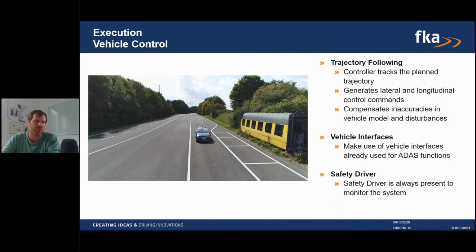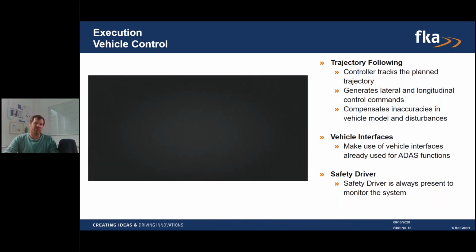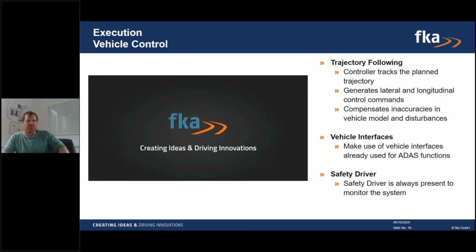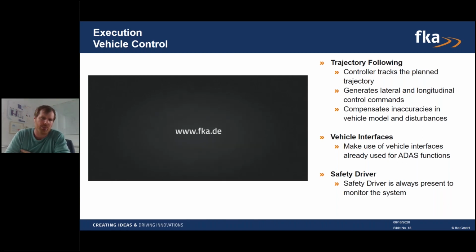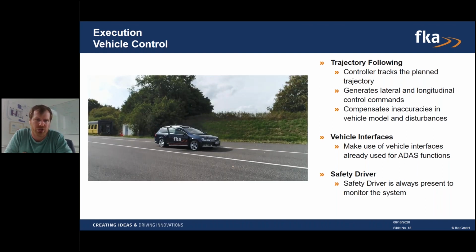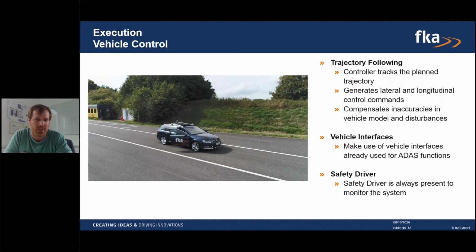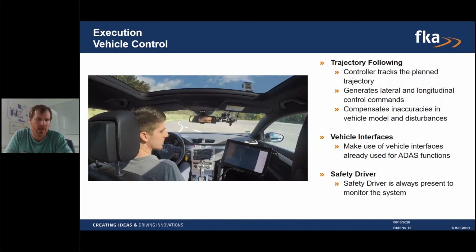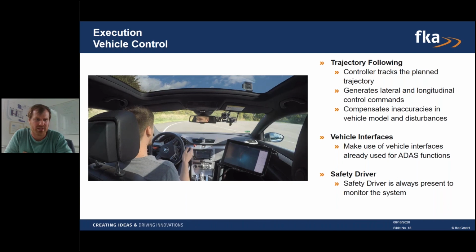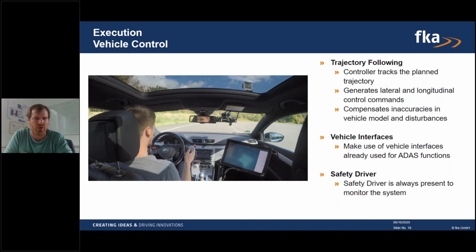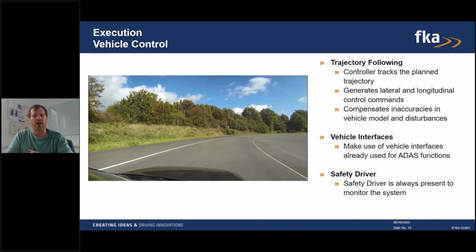For this vehicle, we technically use the standard ACC and steering interfaces from the ADAS functions, but of course it's a prototype vehicle. So if you want to put it in production, you need way more redundant actuation systems, and of course, as you see in the video here, for our testing and all the testing which is currently going on in the world, you need some backup plan.